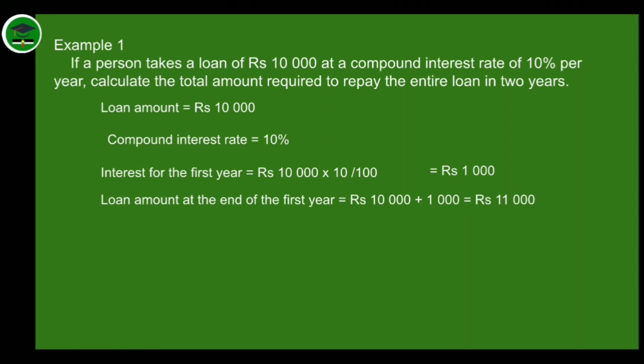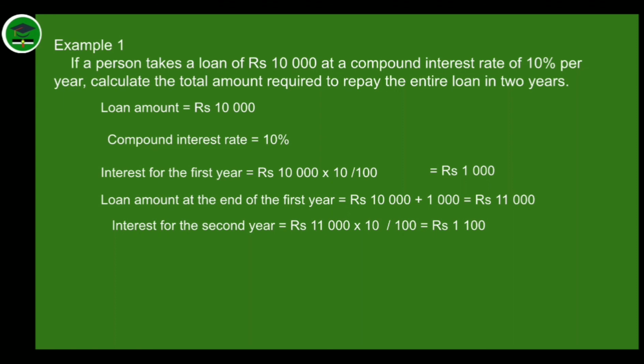So we have to find the total amount required to pay the entire loan in 2 years. So you have to calculate the interest for the second year also, right? So now we have to calculate the interest for 11,000 rupees. 10 rupees for 100. Now check for 11,000 rupees. That is 1,100.